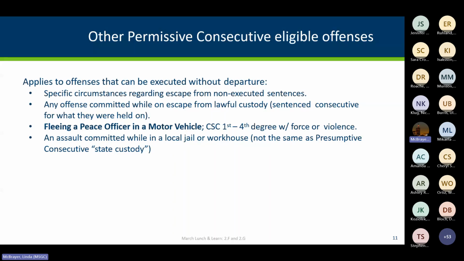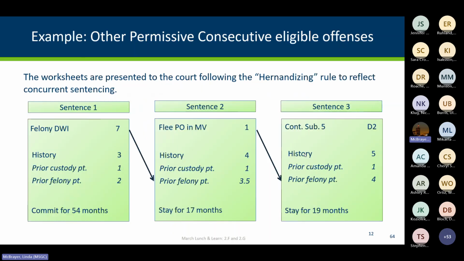So I put together a little slide to show what that looks like, but ultimately, regardless of what they are, it's going to still follow the same track. So we're going to do the worksheets in offense order, Hernandezing, and showing concurrent sentences.